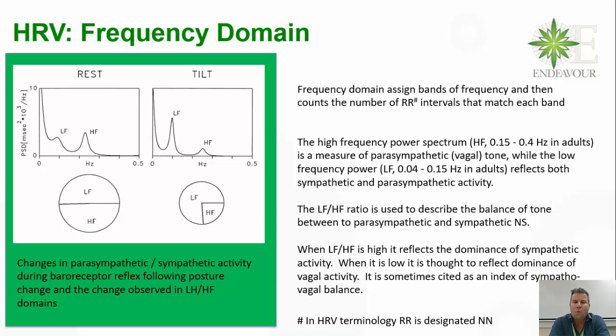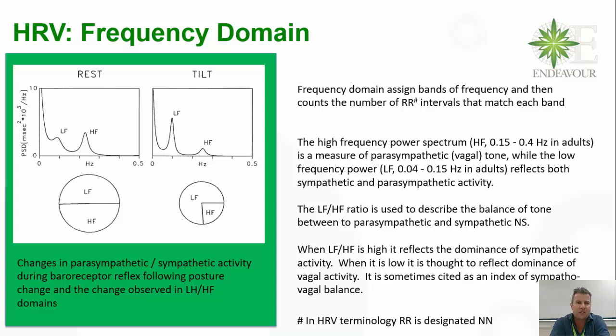So the easiest way to explain the frequency domain is what happens to your HRV when you're doing a maneuver where you change posture. Now we all know if we're lying down and then we stand up, we have to increase our heart rate quickly to adjust for the change in pressure from becoming horizontal to vertical.